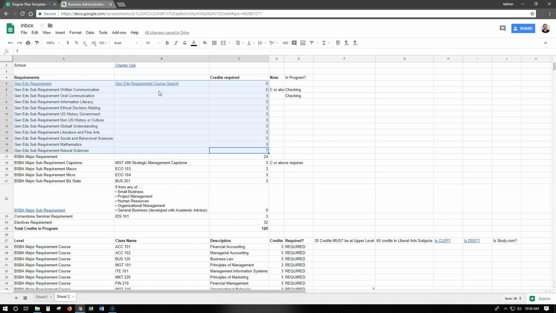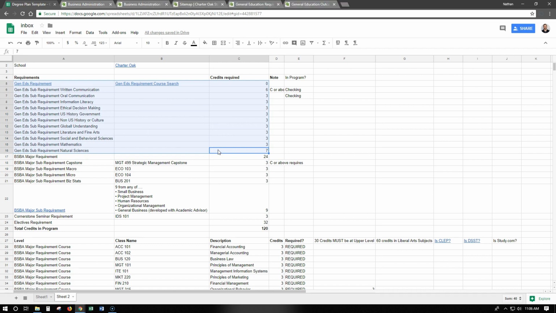Because my gen ed requirement right here should say 40 in this cell, but everything has been broken out now into individual cells. Well, where does that come from? Well, that's a great question.